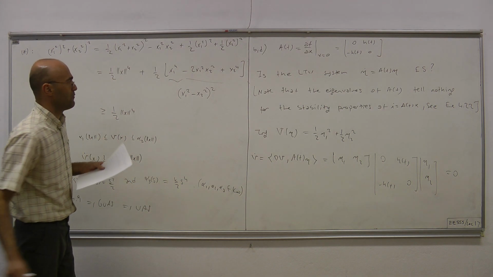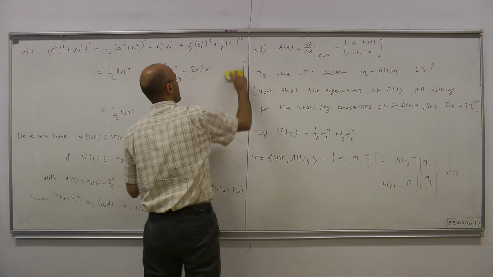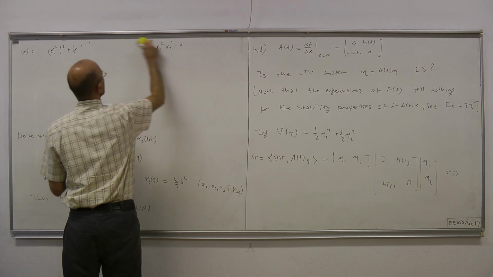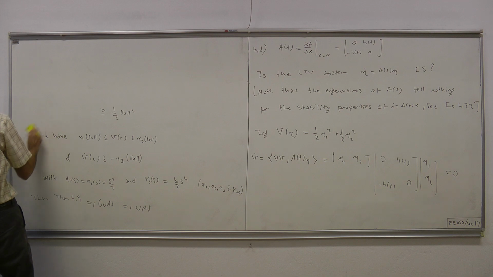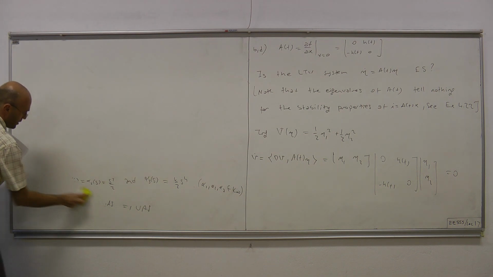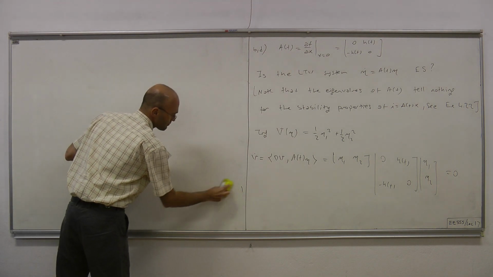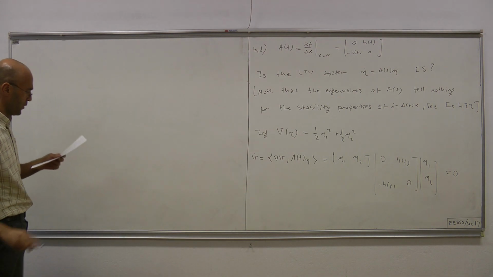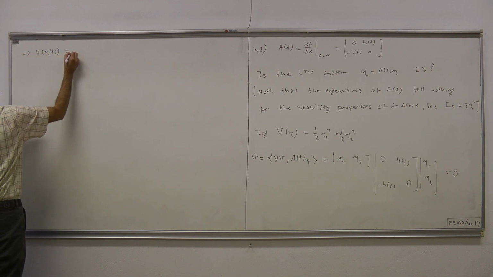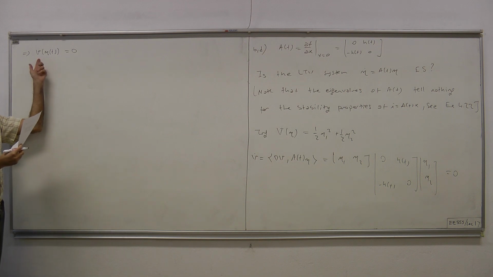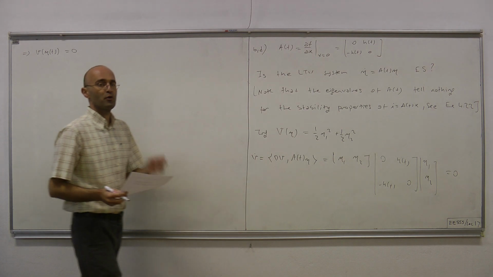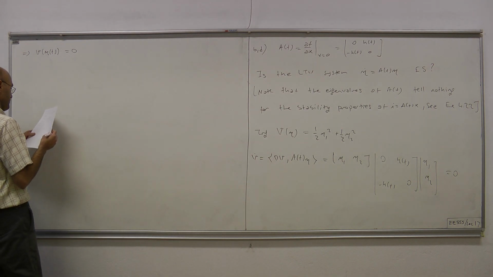Okay. V dot equals 0 tells us everything that we need to know about the exponential stability properties, if such properties exist, of the origin. So V dot equals 0 means that along solutions the Lyapunov function, which is here norm squared over 2, is constant.